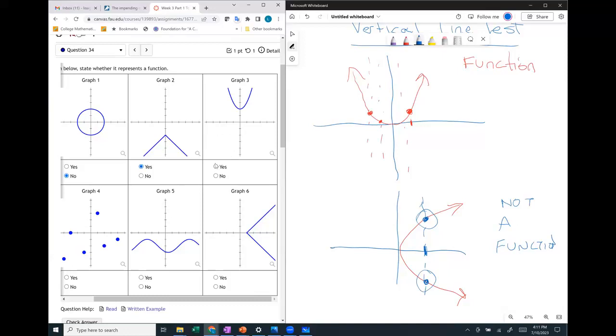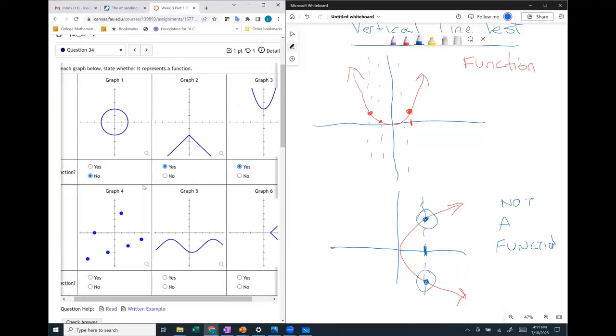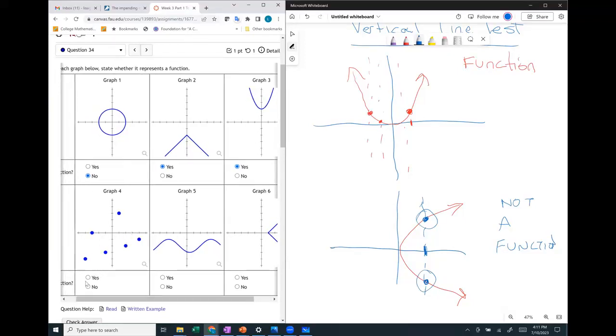This right here is also a function because for every vertical line, there's only one point it passes through. Here, none of these are on the same level. This is also a function.